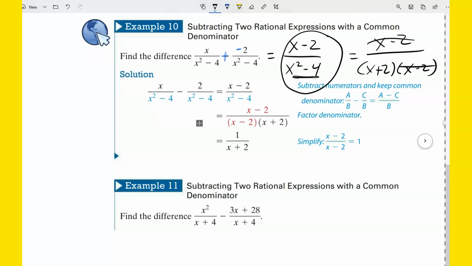So when it cancels, it doesn't just go away. It always leaves you with a 1 when things cancel. So I'm going to write this as 1. So the x minus 2 becomes a 1. But this one doesn't matter that it becomes a 1 because 1 times x plus 2 on bottom just leaves you with x plus 2 on bottom. But it's important that this one here, that you leave that as a 1 on top, because it matters that you have that 1 on top.